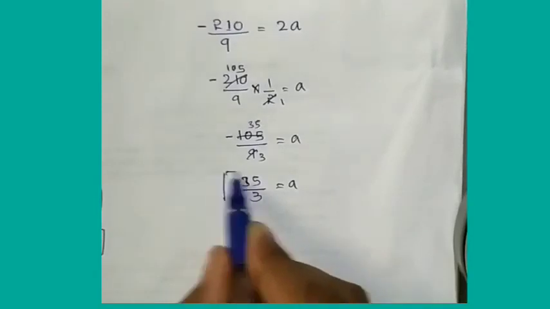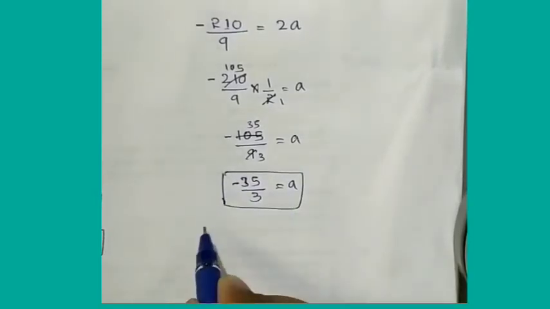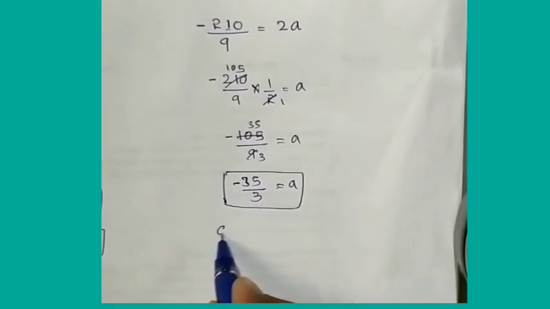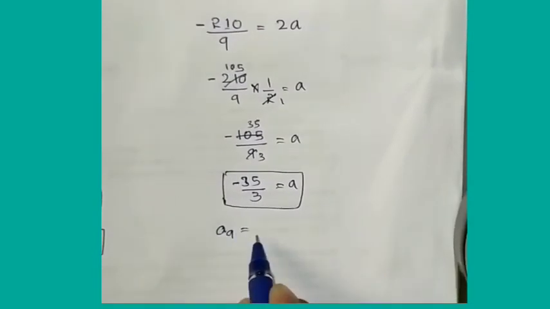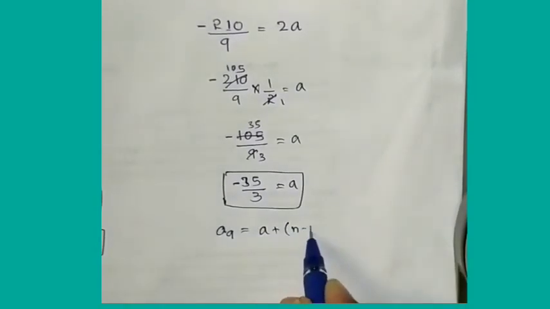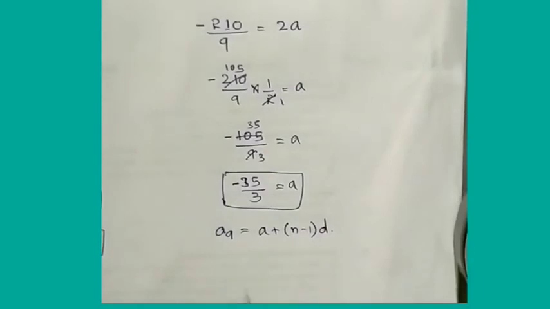So now we got a. Now what we have to find? We have to find a9. Okay, so for a9 use the formula a plus n minus 1 into d.